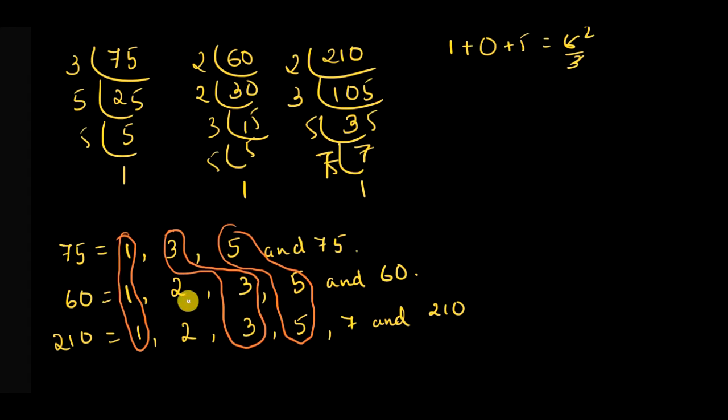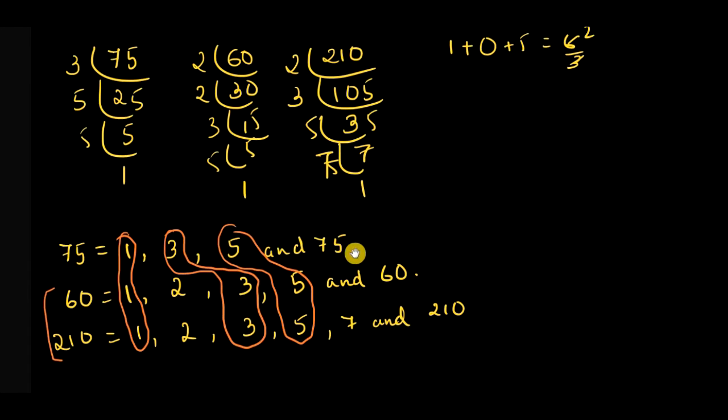Here 2 is common among these two, but 2 is not in this one, so it won't be a common factor of all three. 2 will be a common factor of these two numbers, but we are asked to find the common factor of these three. The number has to be in all three of them. So 1, 3, and 5.